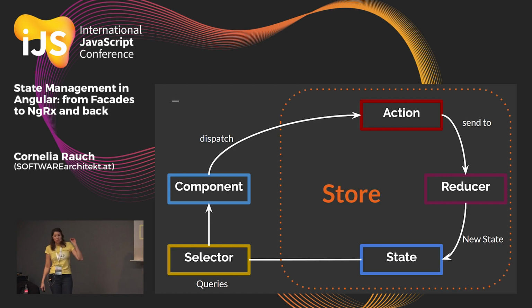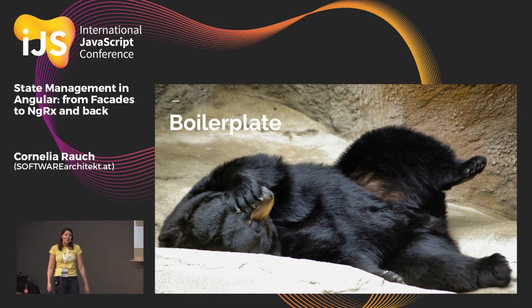This is considered the store in NgRx. So there's a lot going on there. And because there's a lot going on there, you can imagine that we have a lot of things to manage in NgRx. And so what's often mentioned with NgRx is that you need a lot of boilerplate code to get started with NgRx.